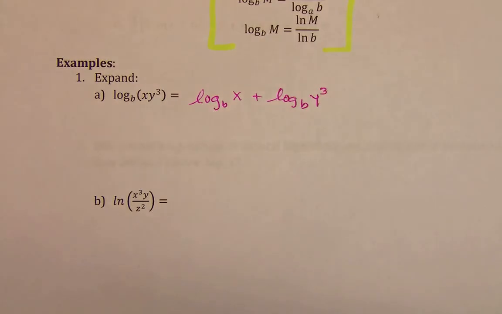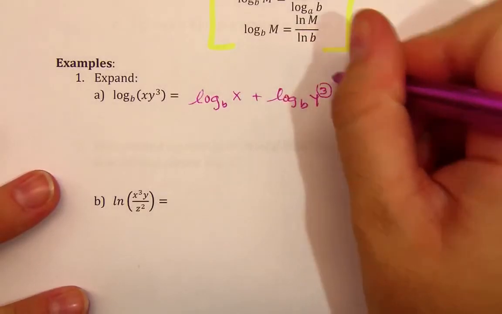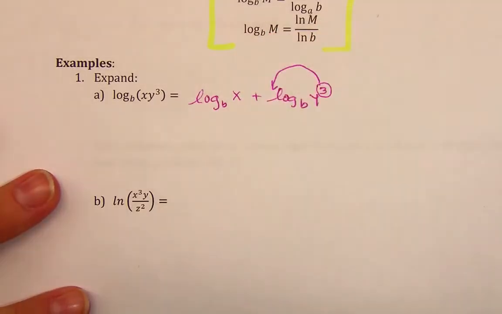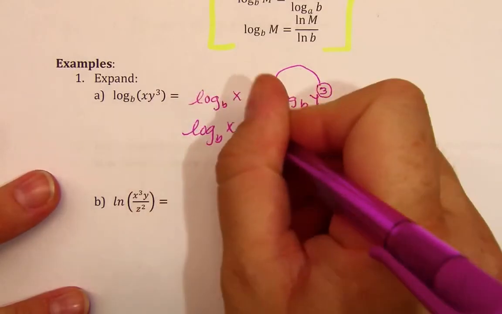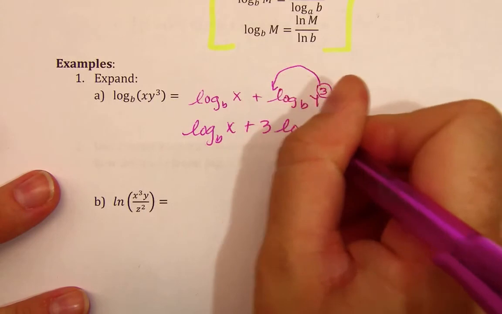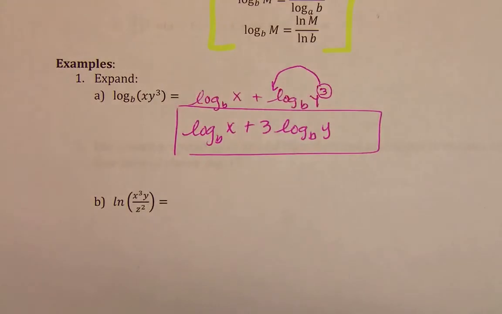And if you stopped right here and said this was your answer, you'd get half credit, because this is not expanded all the way. This exponent right here can come out front. So we have log base b of x plus 3 log base b of y, and that's expanded all the way.